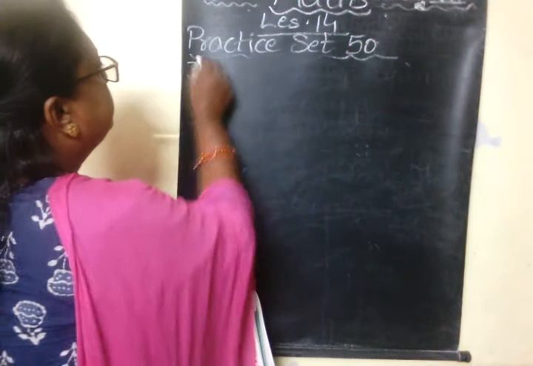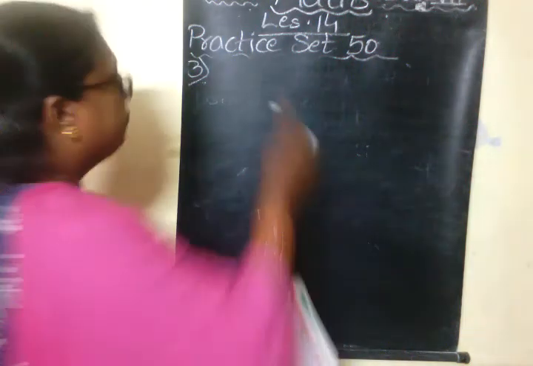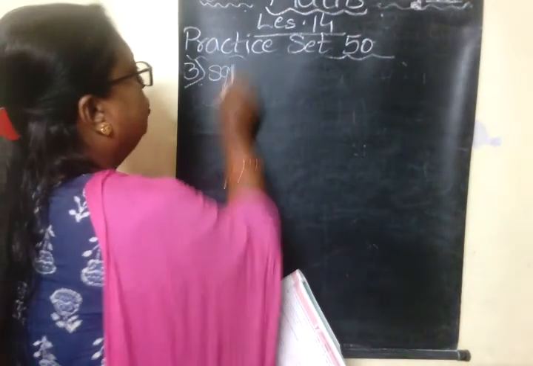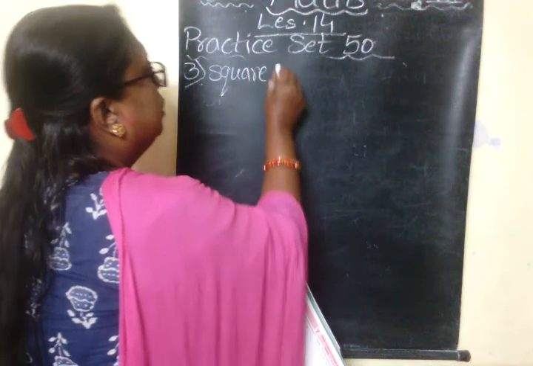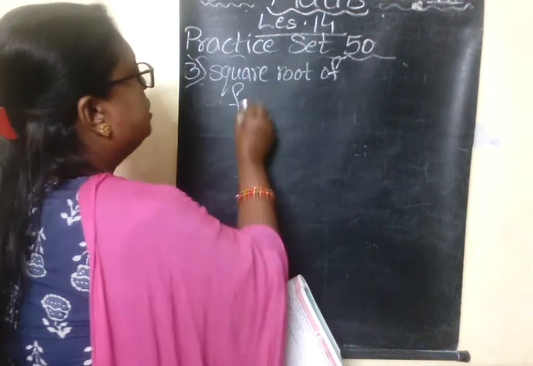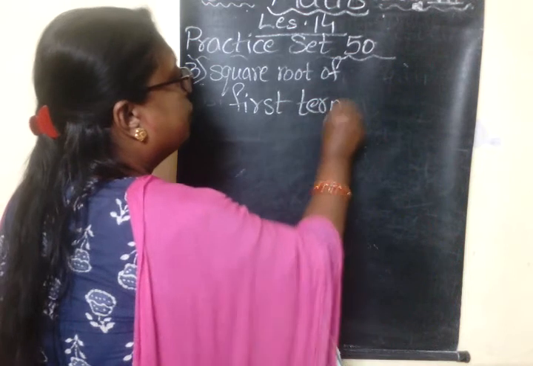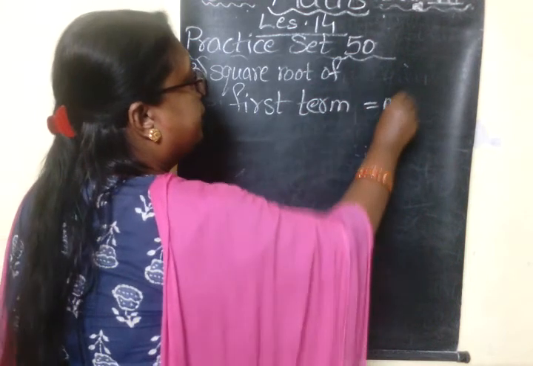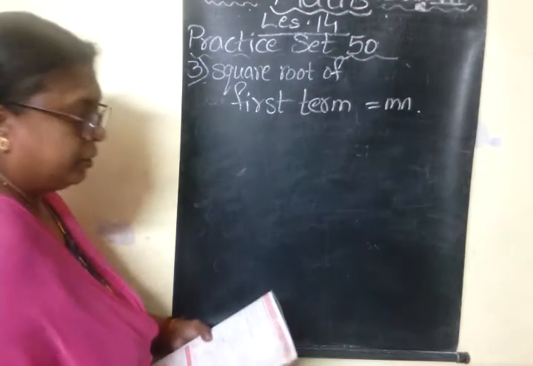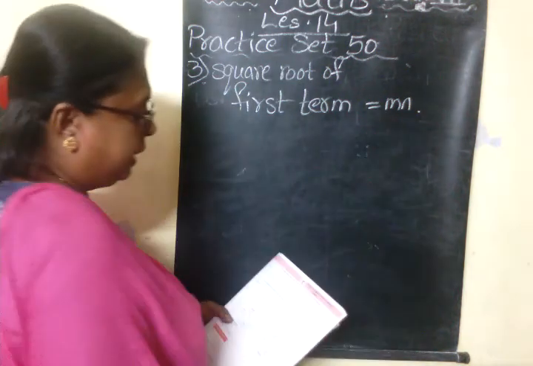third sum. Here we will find the square root of the terms. Square root of first term comes as mn, right? It is m square n square, so square root comes to be mn.